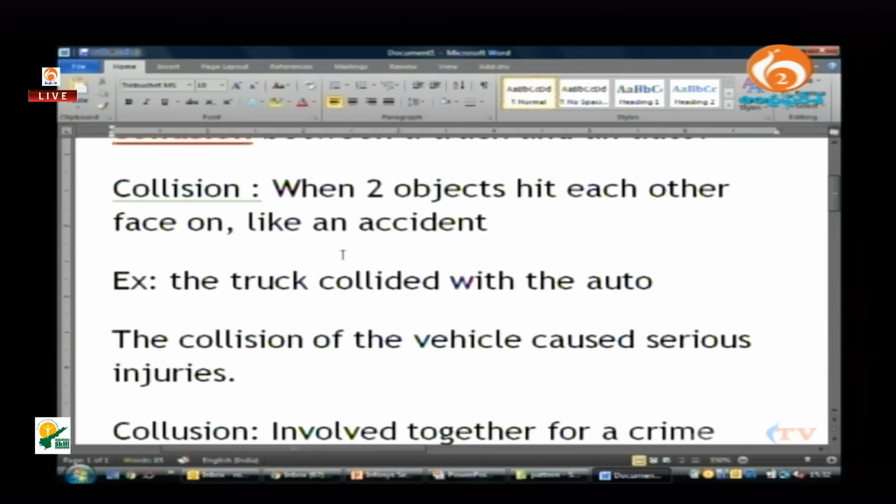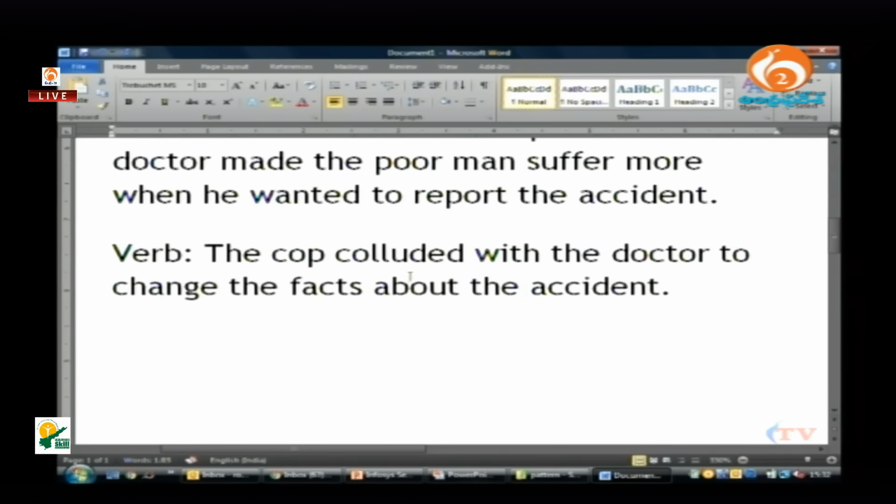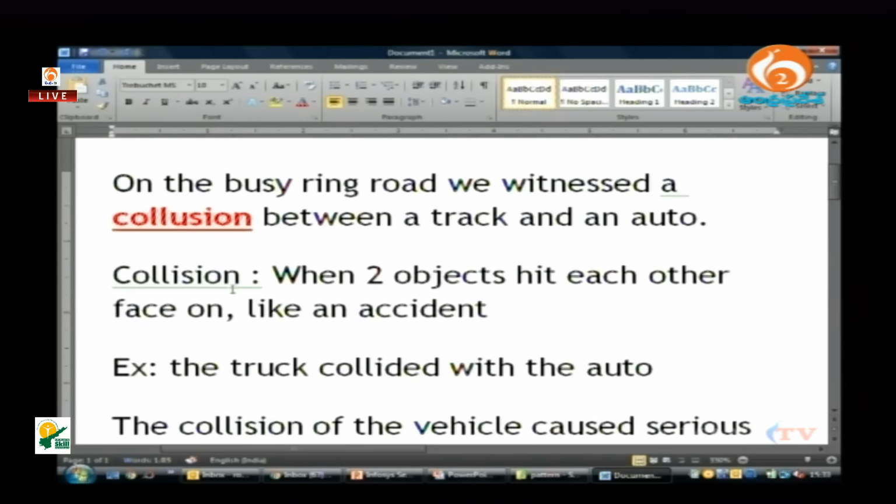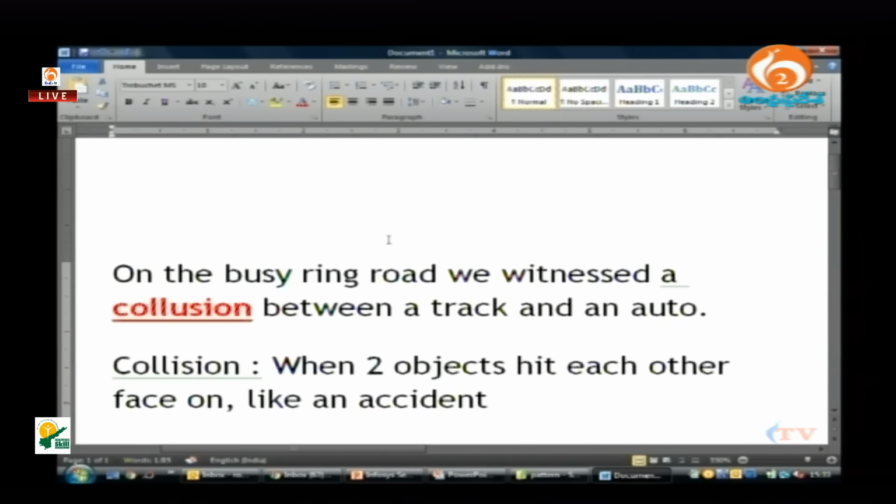So here I am saying collided, here I am saying colluded. So I have two words here, one is collusion and one is collision.